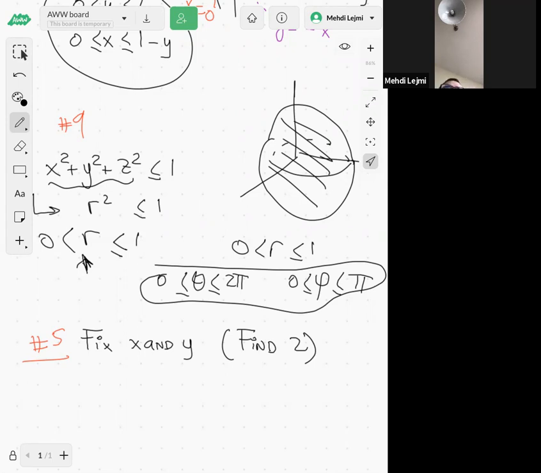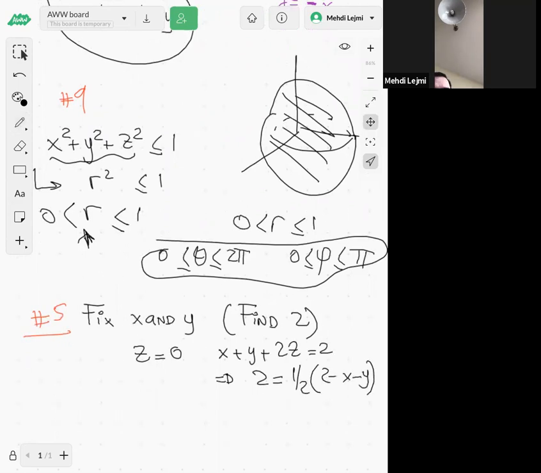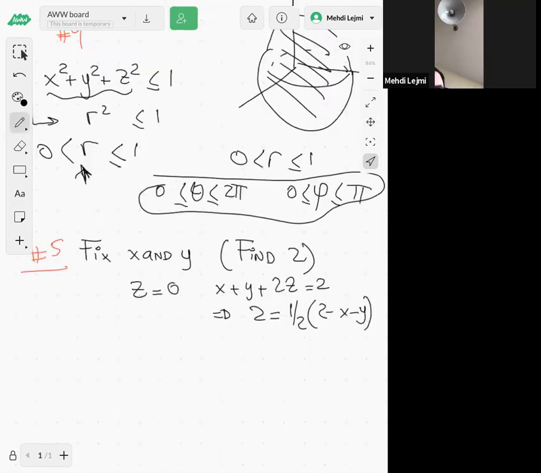Then you have z equals 0, and you have x plus y plus 2z equals 2. If you solve for z, that will be half of 2 minus x minus y. So I would go first by saying that z is between 0 and half of 2 minus x minus y, right?